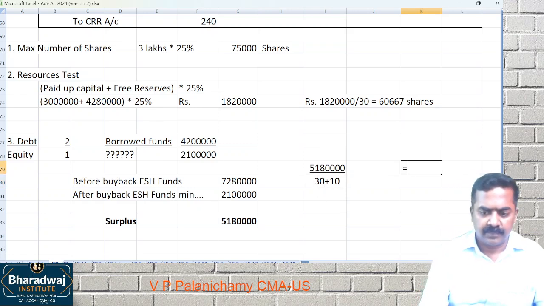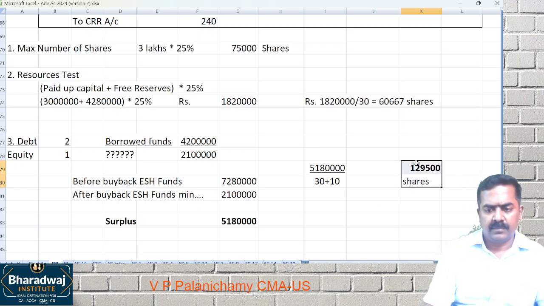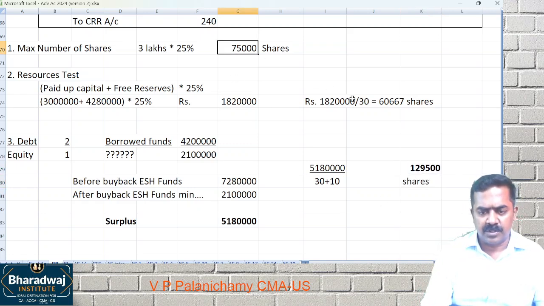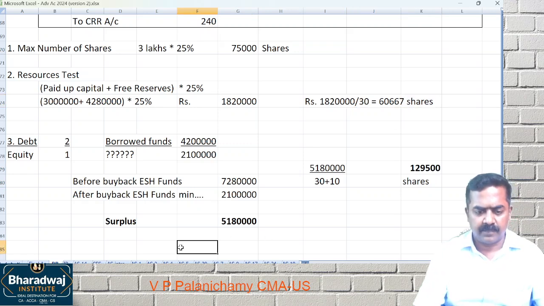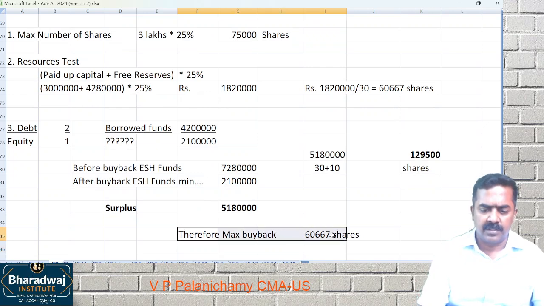So this divided by 40. So we cannot buy this much. What is the maximum number of shares? The maximum buyback is only this much.